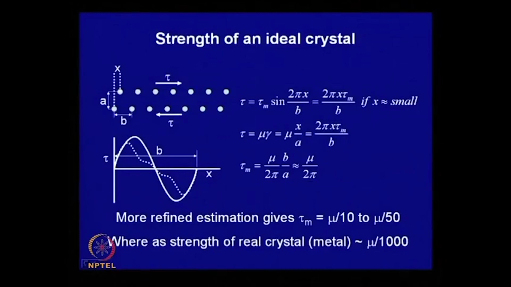Later on we will see how it has been necessary to visualize the presence of crystal defects, and we will talk about the nature and types of crystal defects, and with this it is possible to explain why the strength of real metal is 2 orders of magnitude lower than the strength estimated for the ideal crystal.